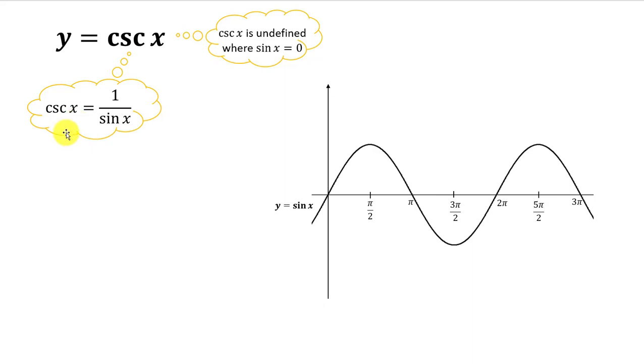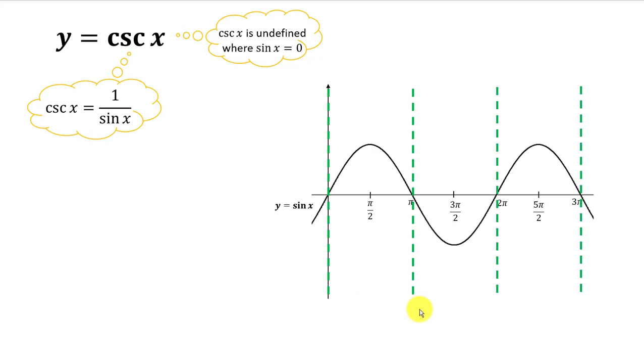Now, how will that look like on the graph of the cosecant function? Well, whatever shape it has, the graph cannot have any points at 0, pi, 2 pi, and 3 pi. Instead, at those x values, there will be asymptotes. So asymptotes are the lines that the graph will approach but never touch. These are kind of like borders that graph cannot cross.